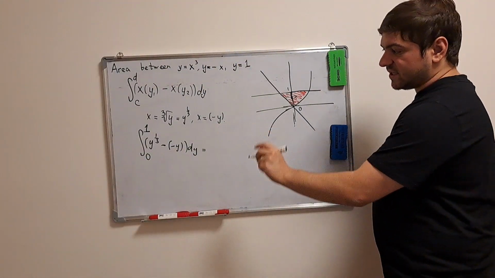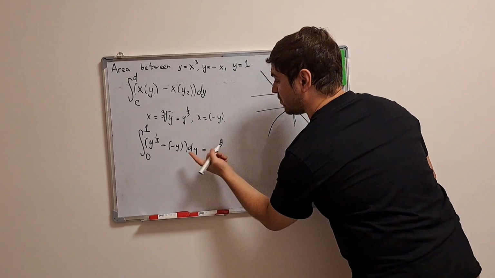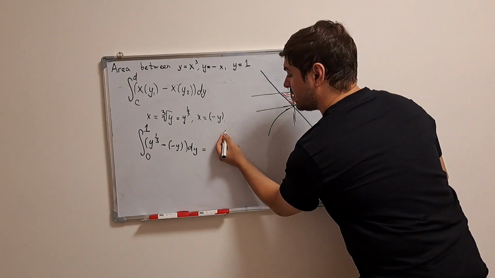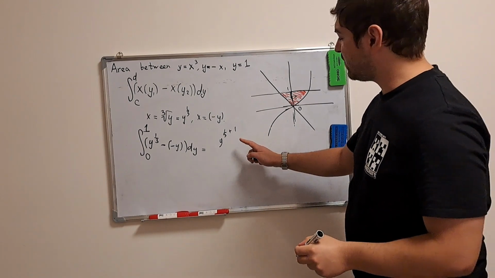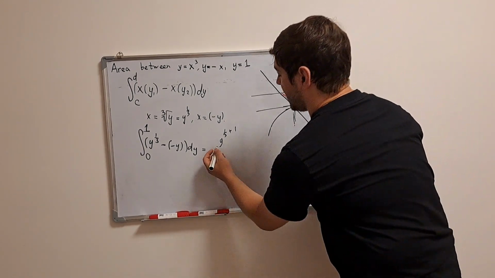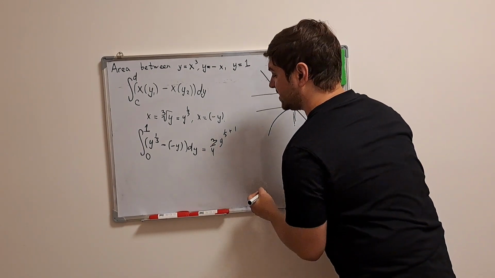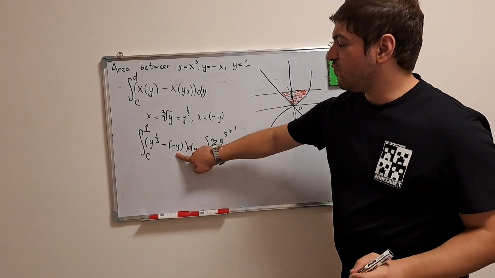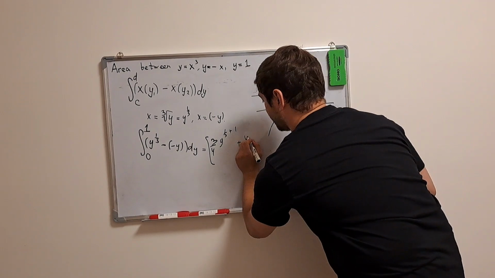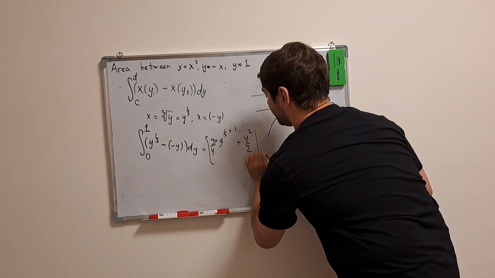So as you can see, this will be easily integrated. So we will simply obtain 1/3 plus 1, which will give us 4 over 3, and thus we will have this in front, and then I will have y squared over 2.